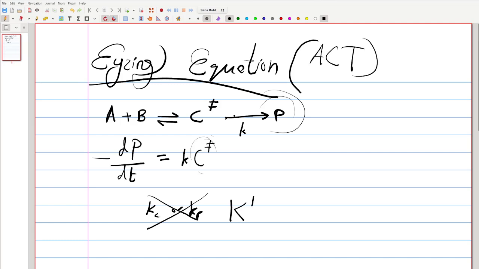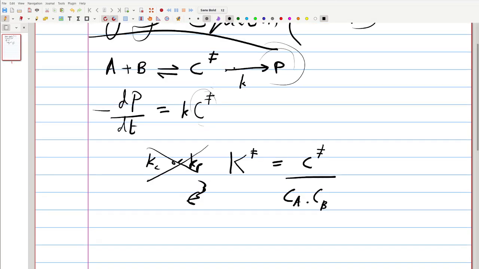And in the final equation, we can write the proportionality constant like so: K double dagger equals the concentration of C double dagger over the concentration of A times the concentration of B. So the concentration of C double dagger is equal to this proportionality constant times CA times CB, right?